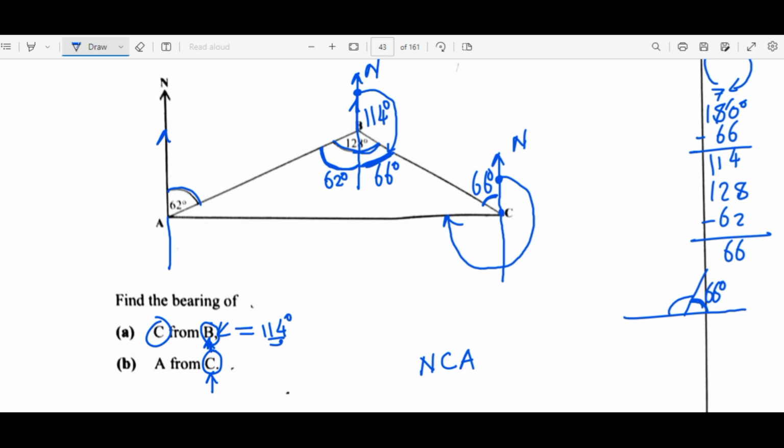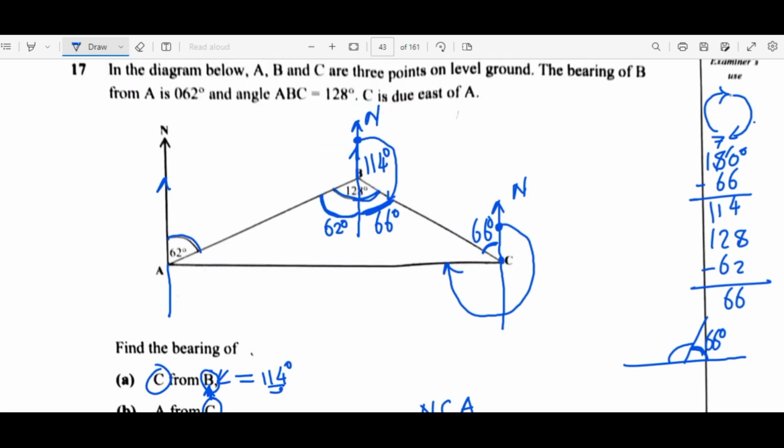Now for this one, there is this point we are going to use to answer this question. We have been told C is due east of A. Whenever you are told due east of A or due west of whatever, it simply means that the line is horizontal.